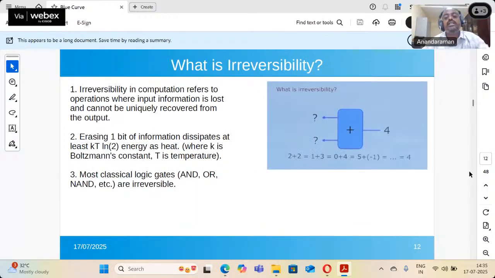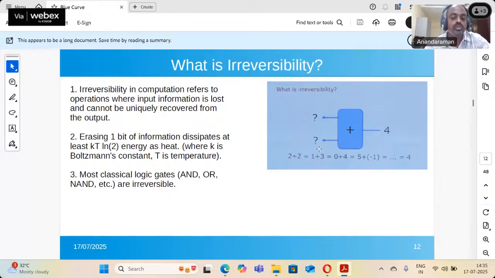So let's say we have just 2 plus 2 is 4, for example. 4 is given and we are asked to find the input. The input can be 2 plus 2 or 1 plus 3 or 0 plus 4 or 5 minus 1. But you cannot actually predict what the original input is. That is irreversibility.